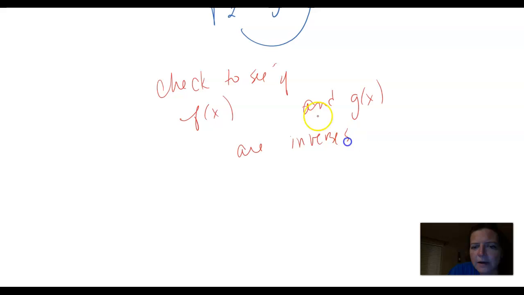Okay, so I need to make up something and we'll see if it works out or not. So let's do maybe like f of x equals 2x minus 5 here. And then what we'll do over here is g of x equals maybe like 1/2 x plus 5. And let's see what happens.